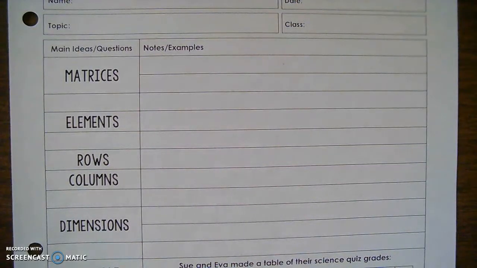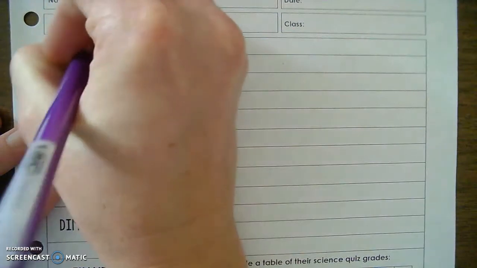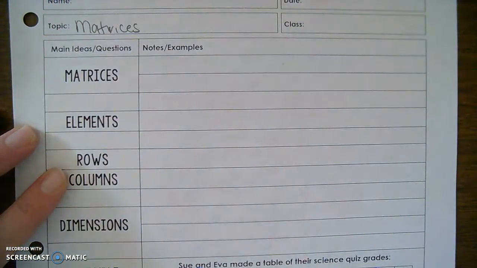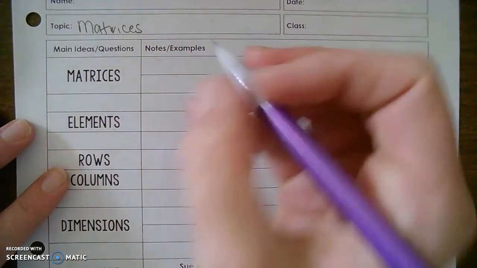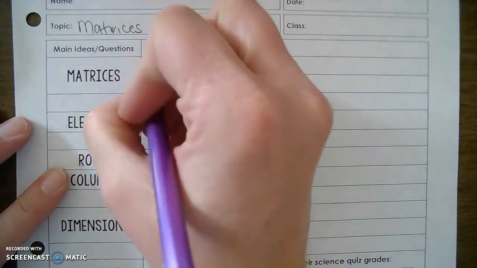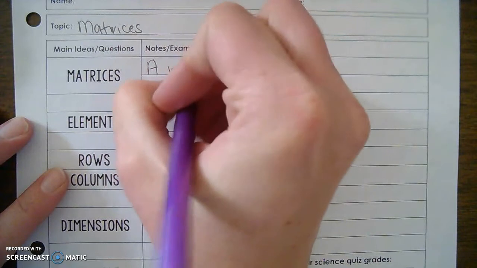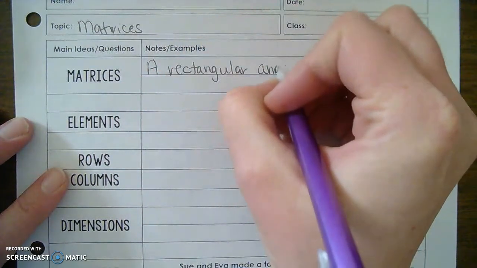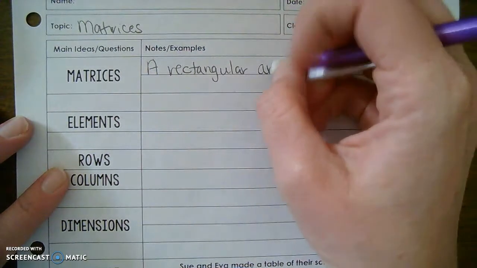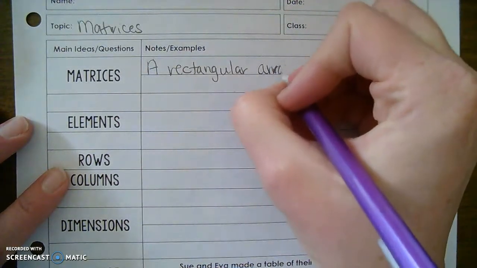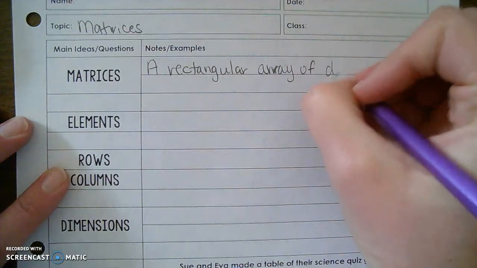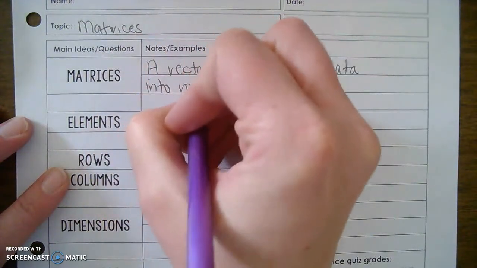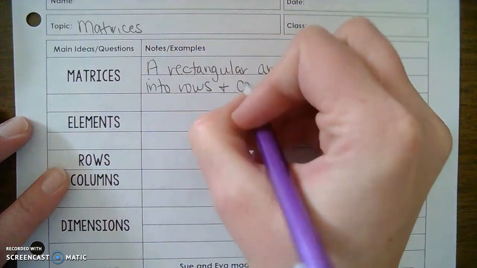We are going to learn about matrices, which are something kind of different, but hopefully a little bit easy to understand. So matrices are a rectangular array, which just means an arrangement of data into rows and columns.